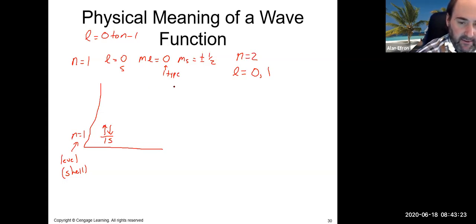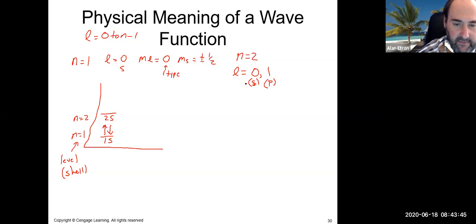The value of 0 represents an s orbital. The value of 1 represents the p subshell. That means on the second energy level, we start to see p orbitals first appear. So we still have our 2s orbital.